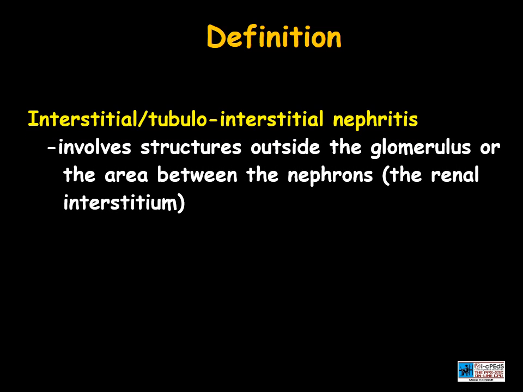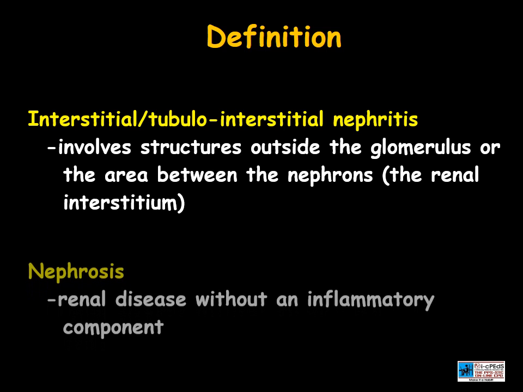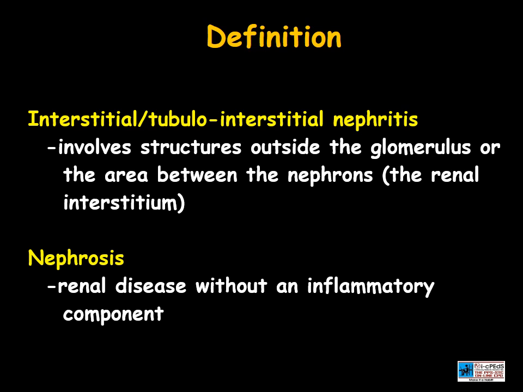Interstitial or tubulointerstitial nephritis. This involves structures outside the glomerulus or the area between the nephrons, or what we call the renal interstitium. Nephrosis. It is the renal disease without any inflammatory component.